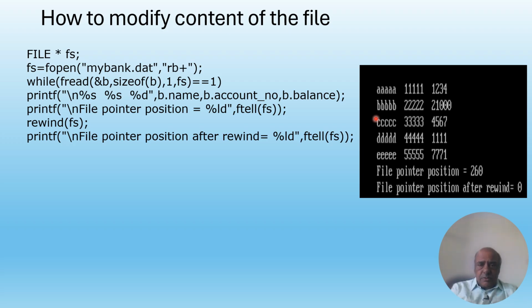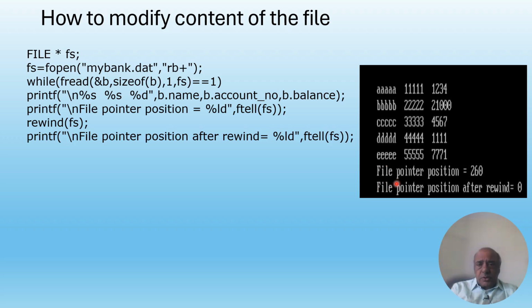In this whole program I have used AAA, BBB, etc., not the actual names. So the second record is BBB, and this is the ID of that account, 22222, and the balance in that account is 21000. Similarly, there are other records CCC, DDD, EEE, etc.